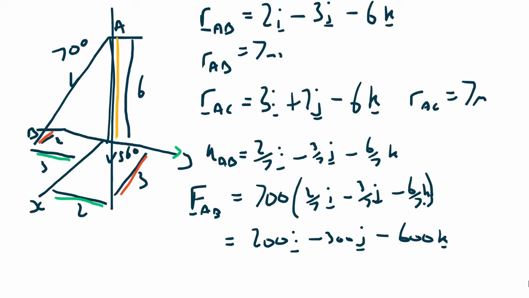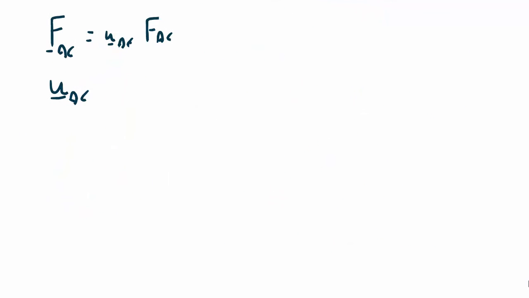FAC is going to be my unit vector AC times by the magnitude of AC. My unit vector of AC, I'm going to take my position vector for AC, which is this one just here, and my magnitude of AC, same as before. So my unit vector will be 3/7 i plus 2/7 j minus 6/7 k.